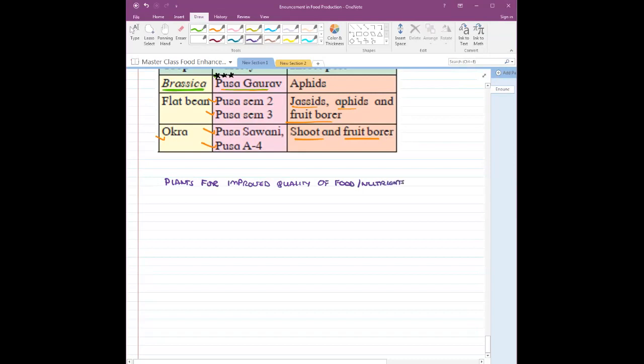Okay, so guys, let's try to see what this is. For this thing, guys, we will generally go for a method which is called your biofortification. Now, what is this biofortification?